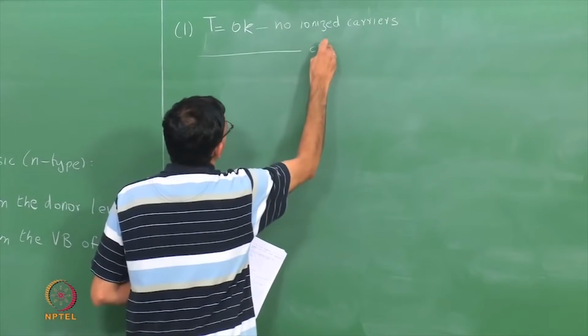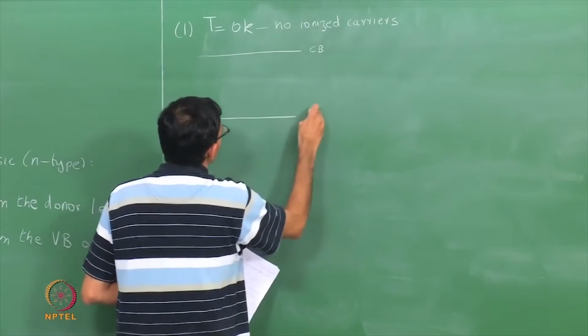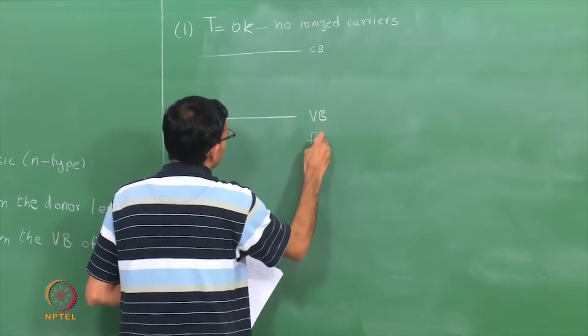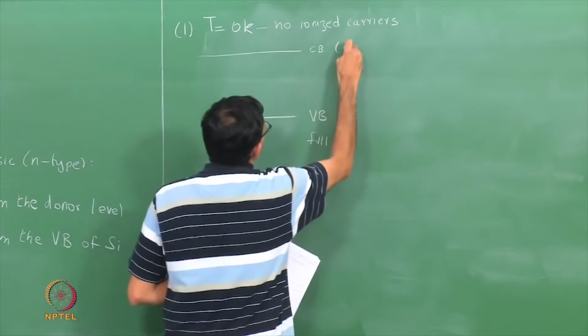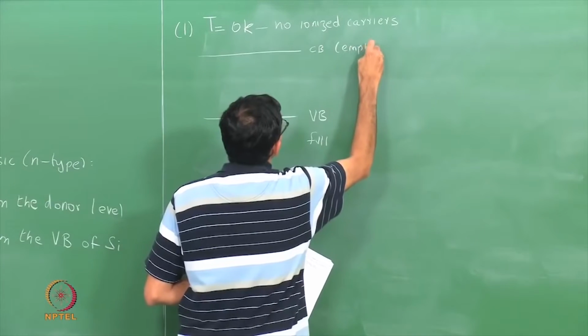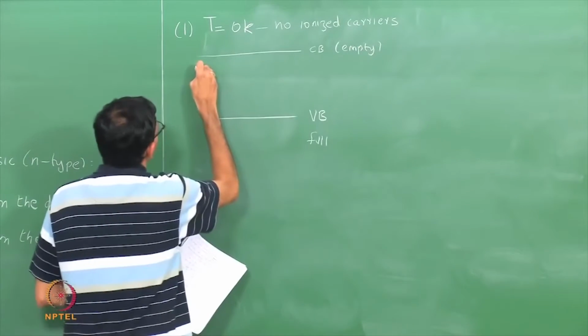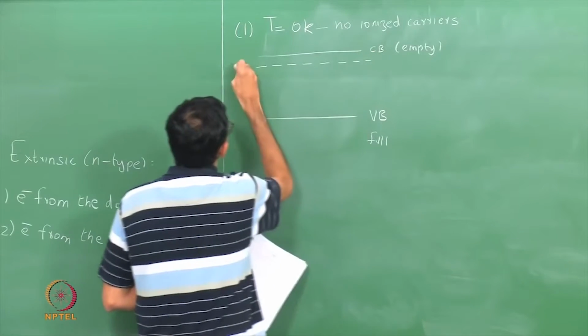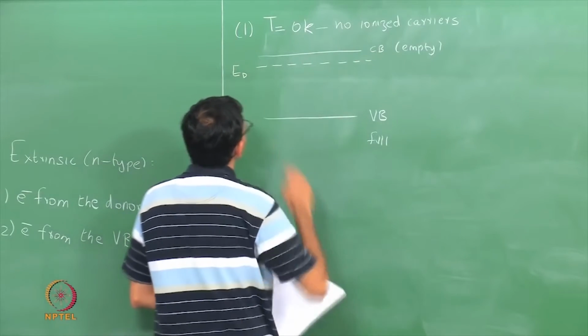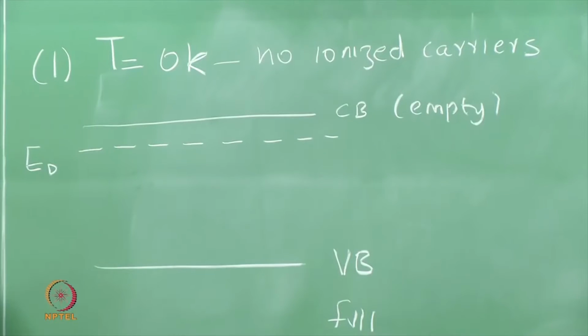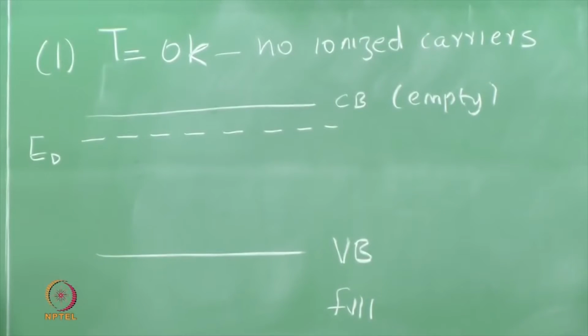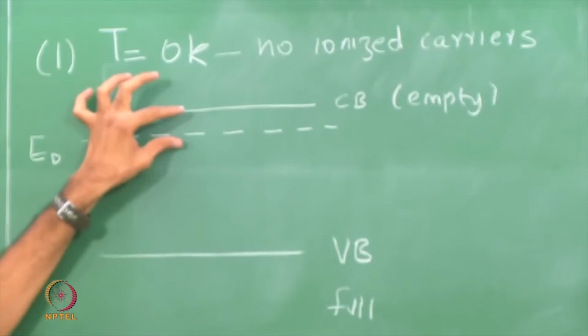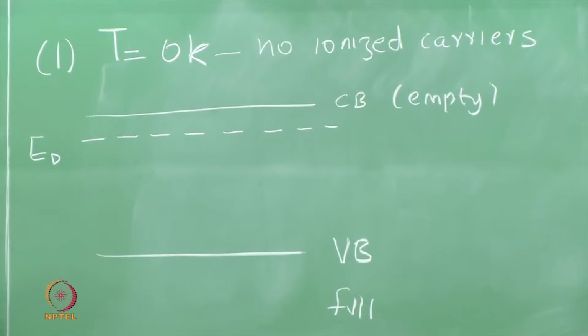So, this is my conduction band, this is my valence band, so that is full, that is empty, and these are my donor levels. The donor levels are located very close to the conduction band. I am just exaggerating the difference to show the fact that they are close to the conduction band.